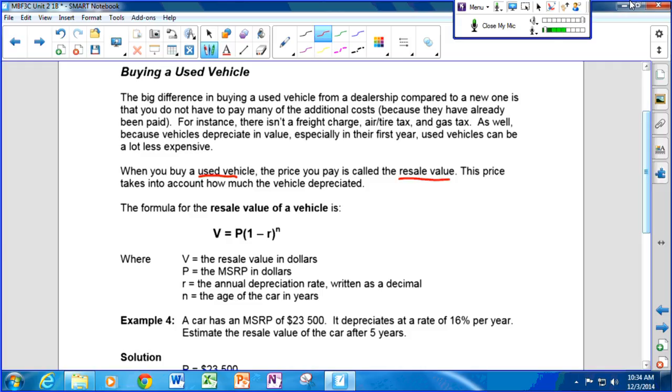And again, that's something that if you go to a used car dealer, it's not like they just look at it and it looks shiny, so they slap a price on it. They actually have a way of looking at the make and the model and the year and the condition of the vehicle and coming up with a very good idea of what the value of it would be.